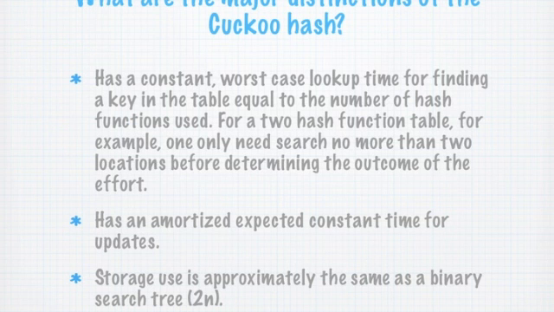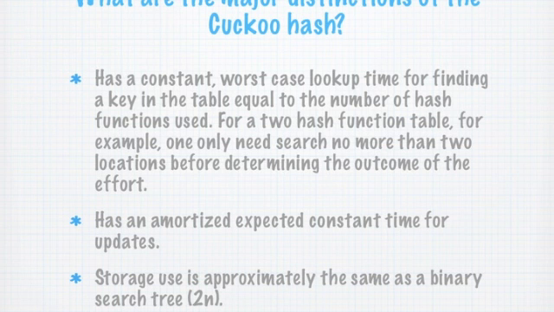What are the major distinctions of the Cuckoo hash? Well, it has a constant worst-case lookup time for finding a key in the table equal to the number of hash functions used. If you use 2 hash functions, you take your key that you're interested in, do a hash with the first hash function, see if it's there.